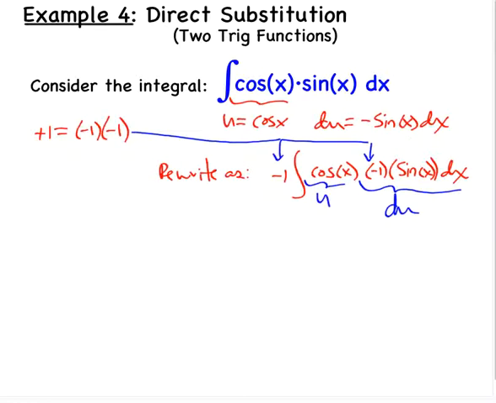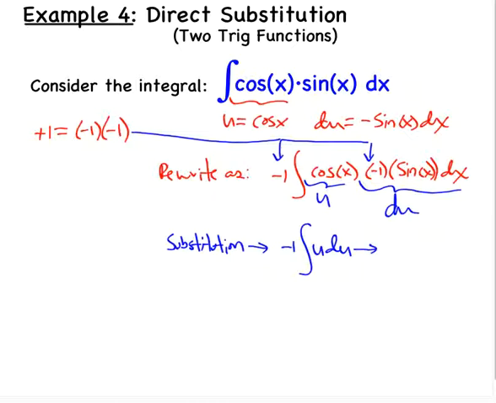And we say, well, if we rewrite this as an integral of u, here's the substitution step. We have -1 times the integral of u du. Again, the purpose of substitution is to give us a simple integral that we can evaluate. The antiderivative of u is 1/2 u squared plus c.